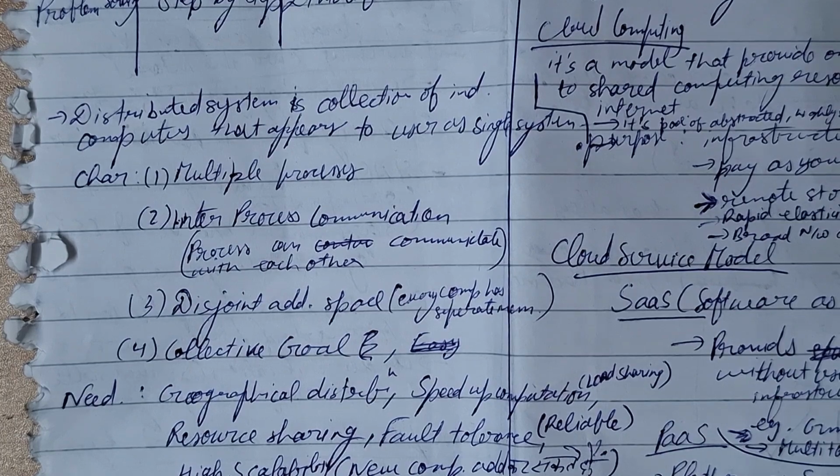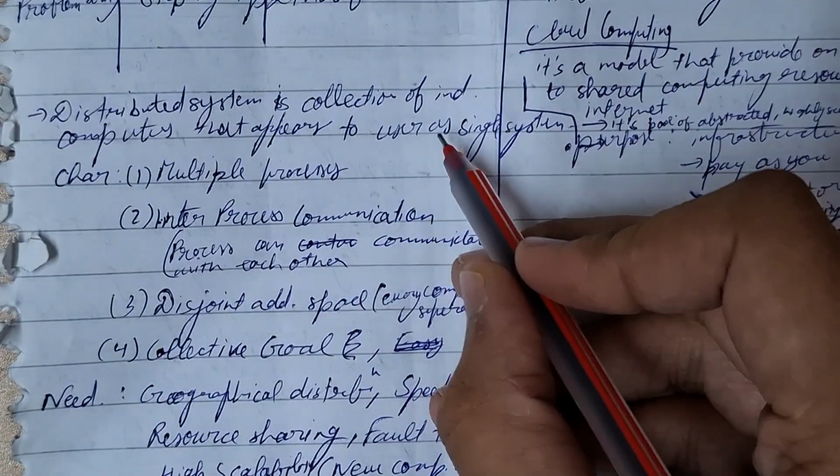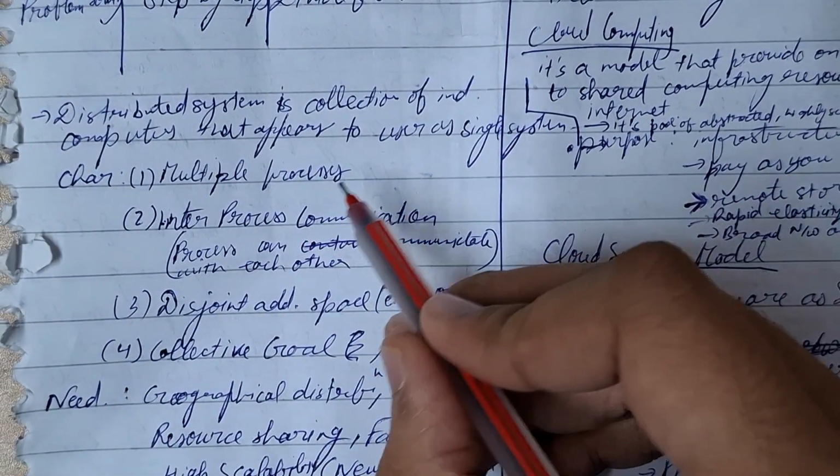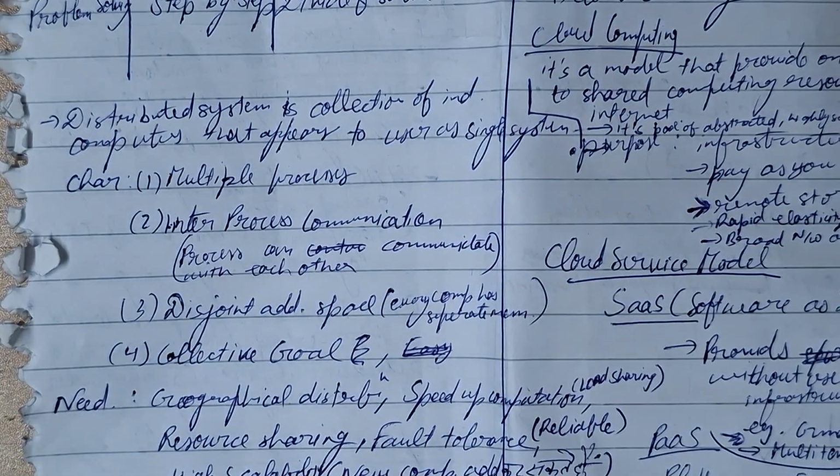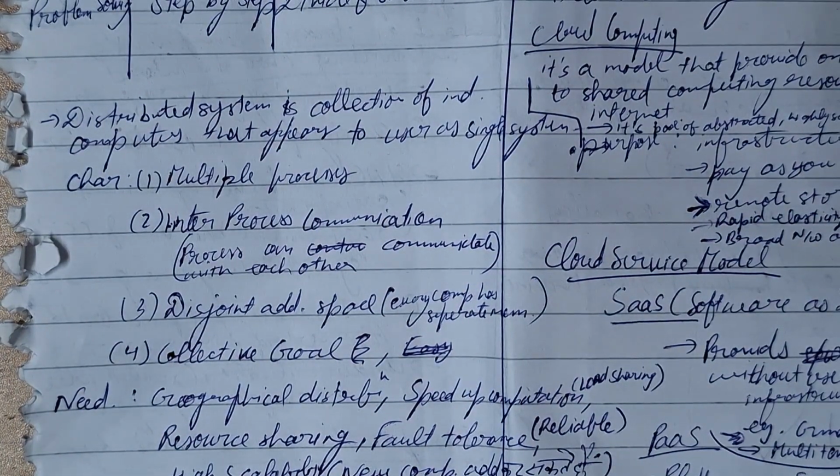Basically, a distributed system is a collection of independent computers that appears to the user as a single system. That is, we connect multiple computers to perform a single task by distributing it on multiple machines and performing it in parallel.